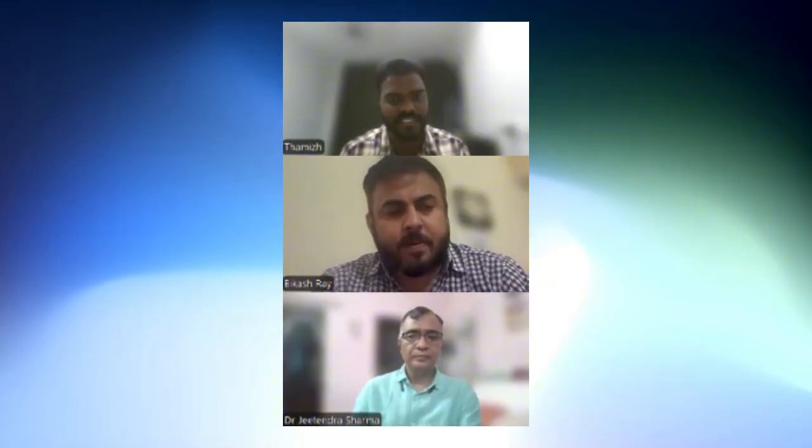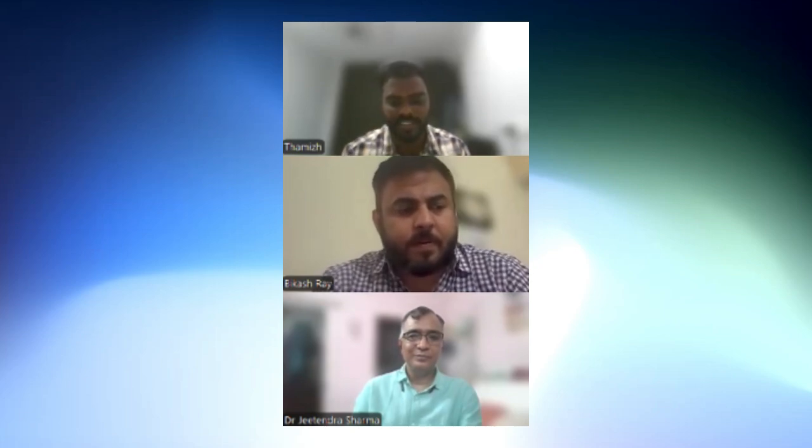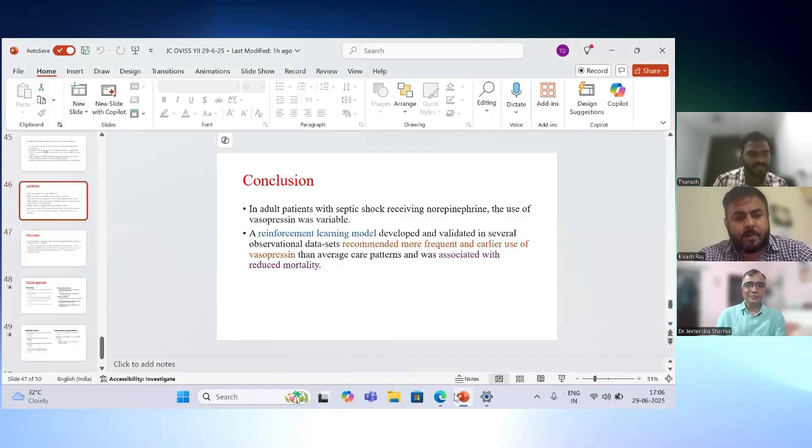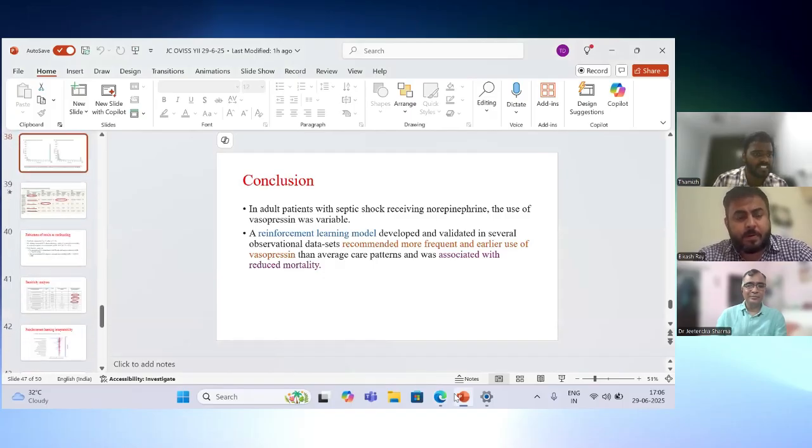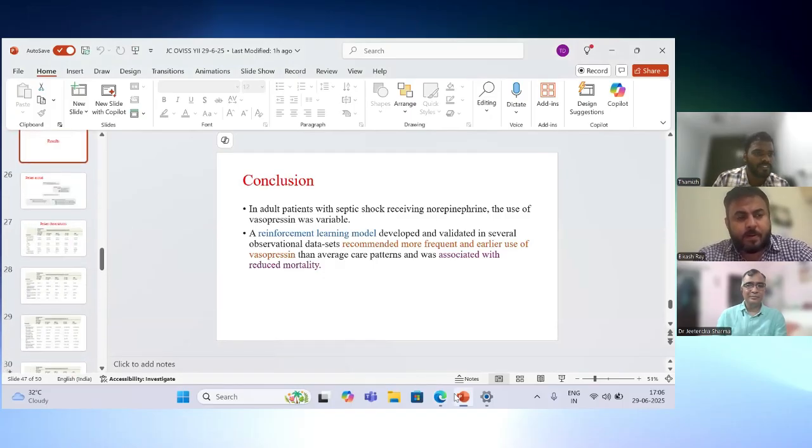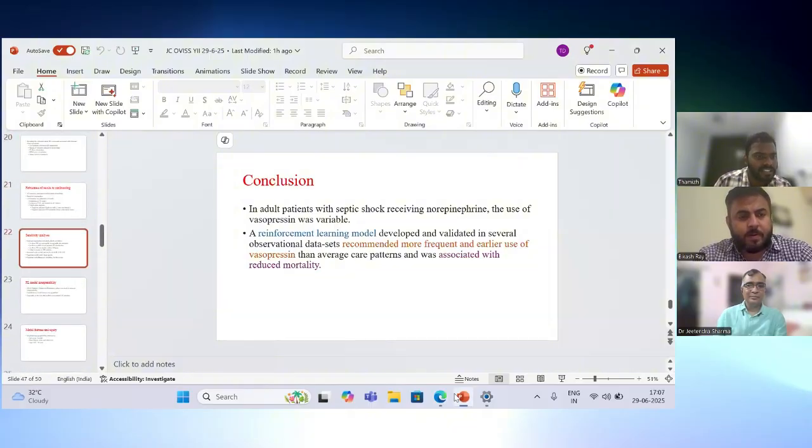In an RCT, we know the data will be equally distributed and matched, but here we don't know whether it is matched properly. So sensitivity analysis is done to check the robustness of the study, how reliable it is even if we alter some values. I can show it in the slide also. They have done it in certain cohorts.